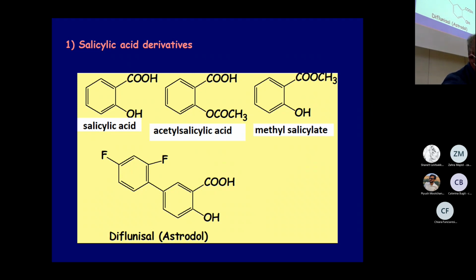You can see the acidic function can be ionized, and so you have the charged form. And then there is also another OH group which increases the hydrophilicity of the molecule. This means that salicylic acid can be used topically, perhaps on the skin.